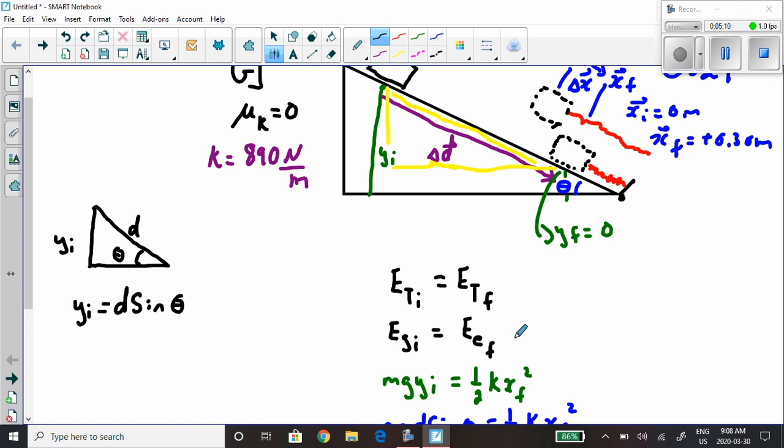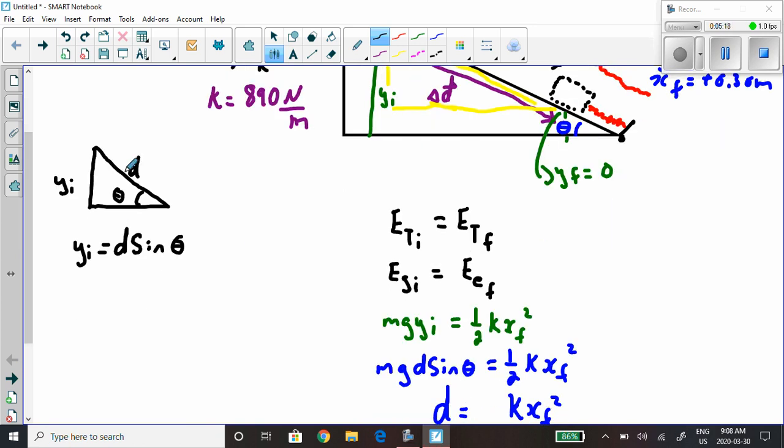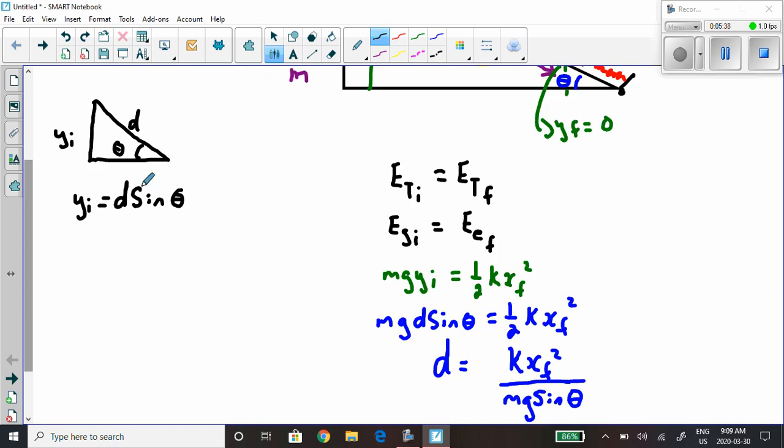I don't need another term. There's the real savings of creating the yellow triangle and understanding the trig relation. So gravitational potential energy initial, mass times gravitational field strength near the surface of the Earth times its initial height, all scalars, is equal to a half times the spring constant times how much it was compressed by squared, all scalar.